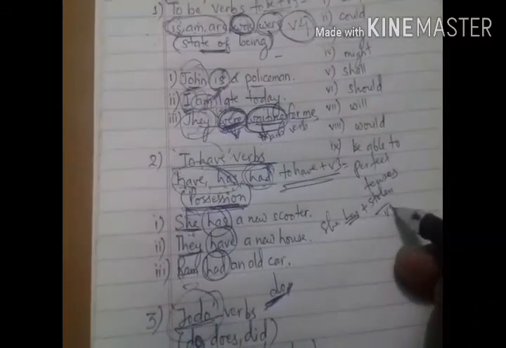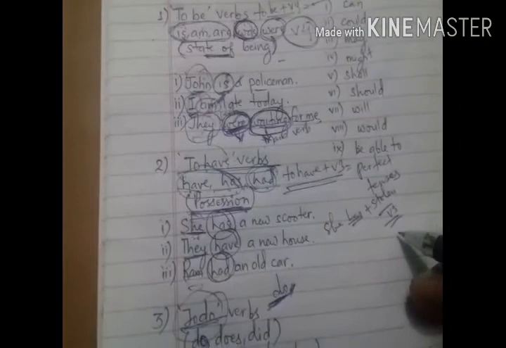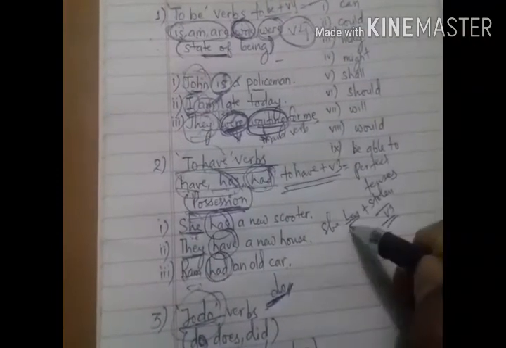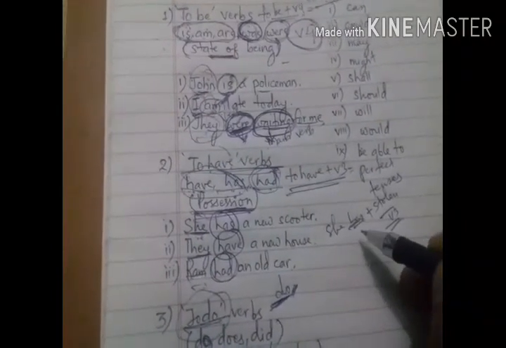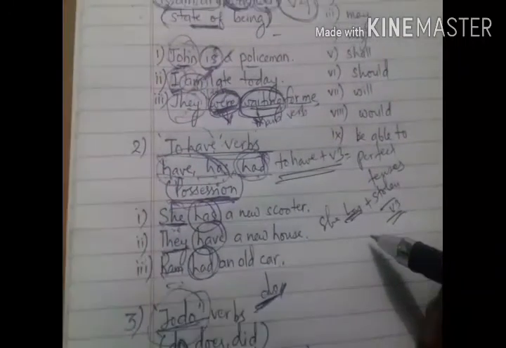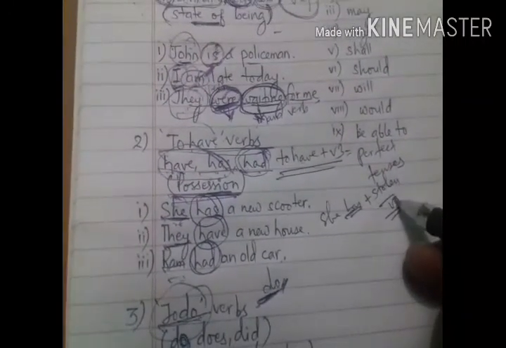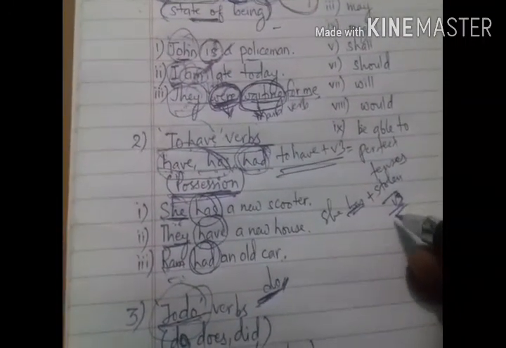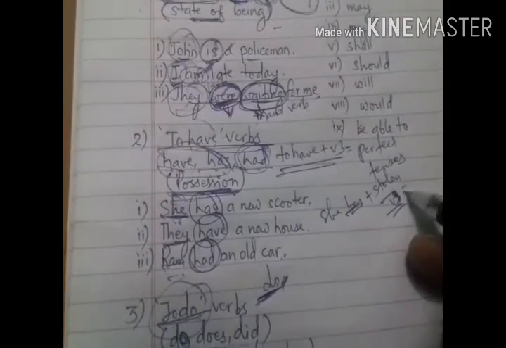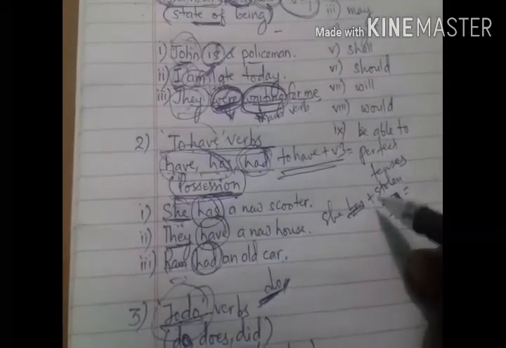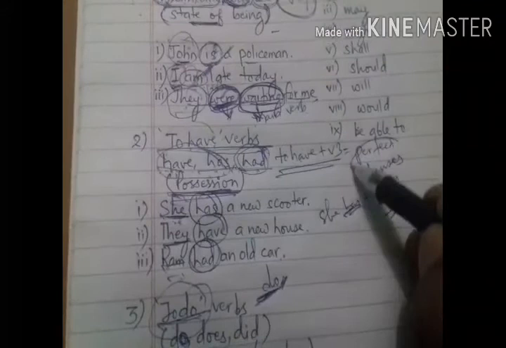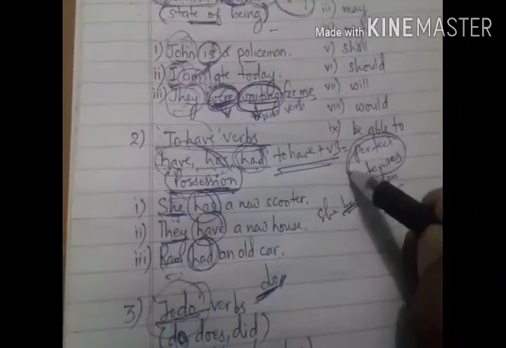Stolen is the V3 form of the verb. So whenever we use to have verbs, after to have verbs the main verb is always V3. And whenever we use to have verb plus V3 form of the verb, it becomes perfect tenses. Understood?